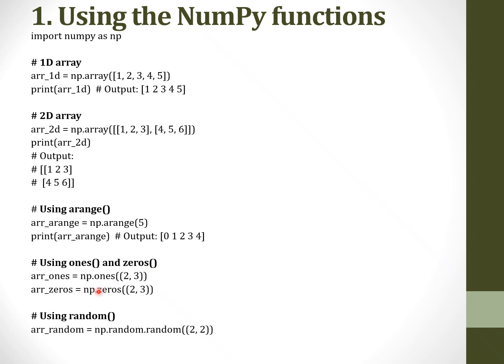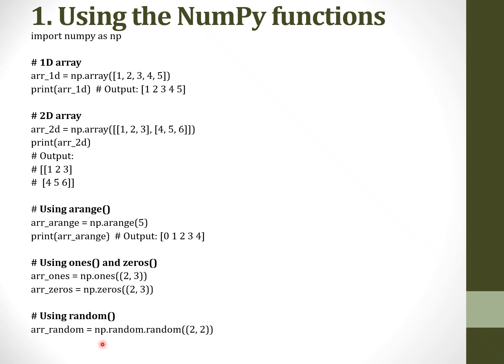If we give it like this, array_ones equal to np.ones, this is used to create an array with 2 rows and 3 columns completely filled with 1 as the values. Similarly, array_zeros equal to np.zeros creates an array with 2 rows and 3 columns completely filled with zeros.